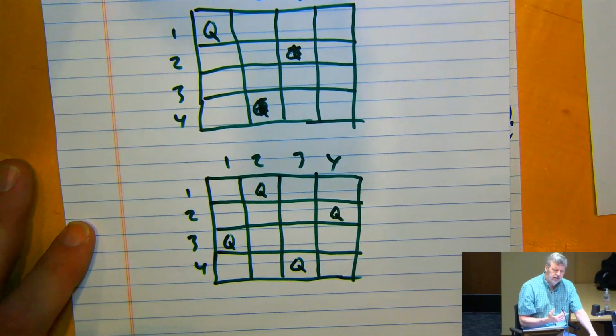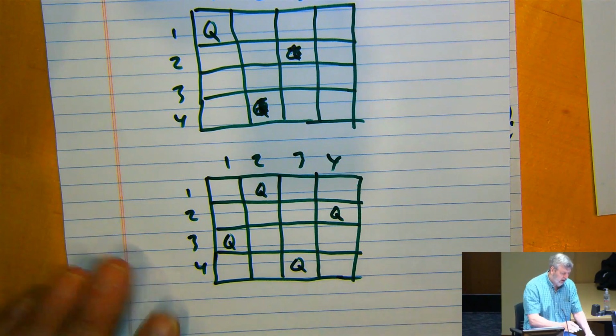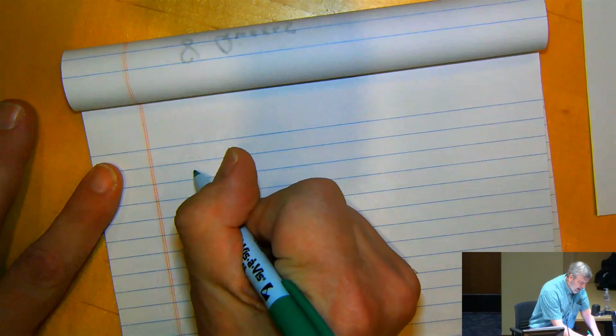So that's the kind of thing that we want to think about, is how do we use a backtracking approach to be able to figure out where to place n queens on an n by n board. Well, let's talk about the idea of decisions and backtracking.